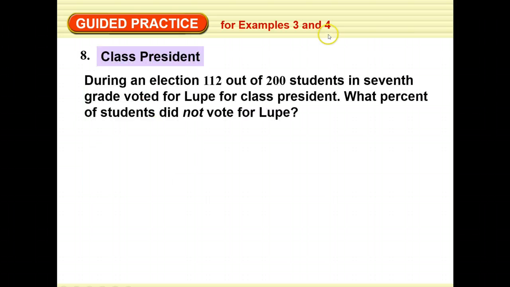All right. And last but not least, let's try a word problem. During an election, 112 out of 200 students in 7th grade voted for Lupe for class president. What percent of students did not vote for Lupe? Okay, first, let's figure out how many people voted for Lupe. So, let's grab the pen. All right, so we know that 112 out of 200 voted for Lupe.